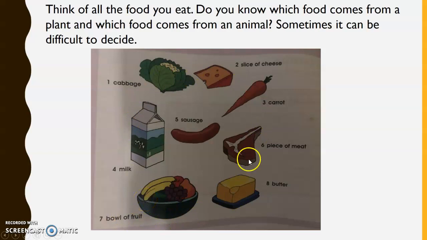And I would like you to think of all these foods that I've given you and try and think where they come from. Do you know which food comes from plant and which food comes from an animal? Sometimes it can be difficult to decide, but that's what today is going to be about.